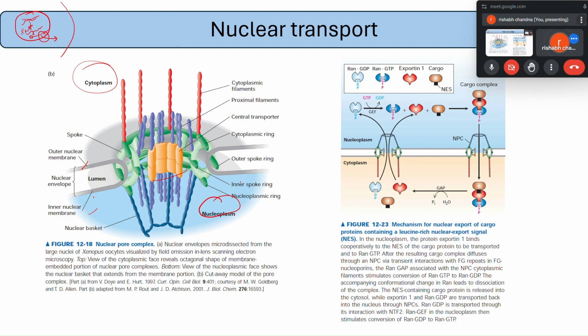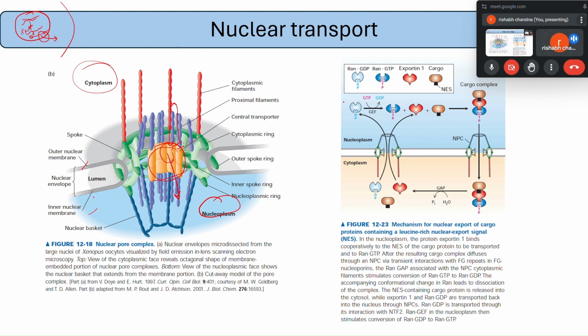Whenever a protein has to be transported, it needs to bind to this central ring and then the central transporter, then it would have certain signals that lead to the identification of these particular repeats and the release into the cytoplasm. The same thing happens with import also, where the nuclear localization signal binds to proteins that recognize those signals and leads to the entry of those particular proteins only.